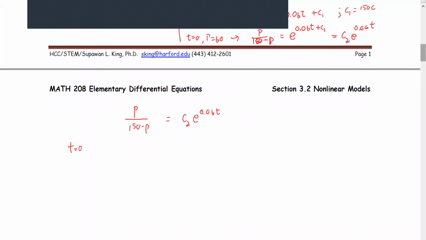As t equals 0, P equals 60. So 60 divided by (150 minus 60) equals C2 times 1, or just C2. Therefore, C2 equals 60 divided by 90, or 2 over 3.